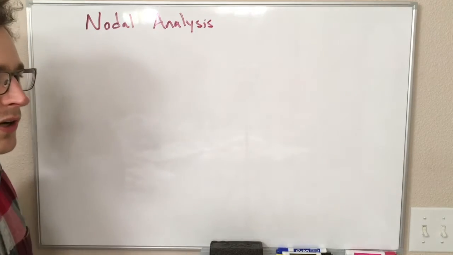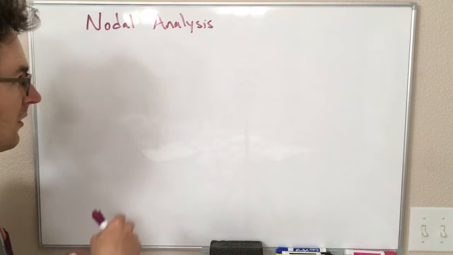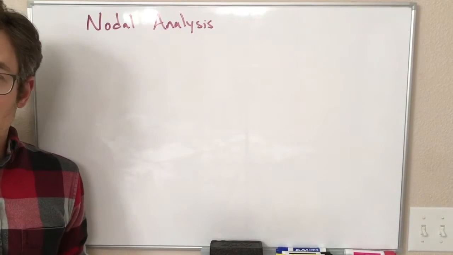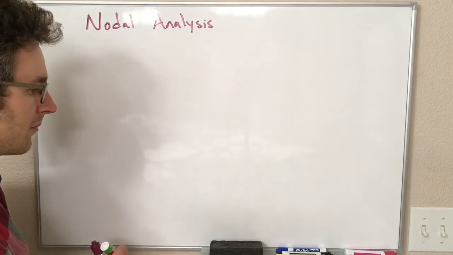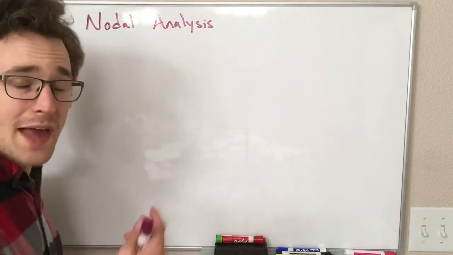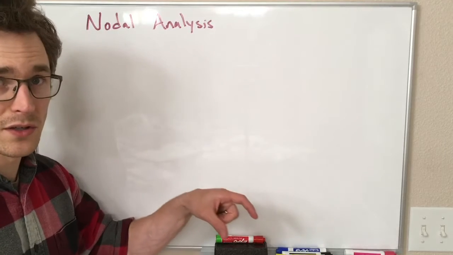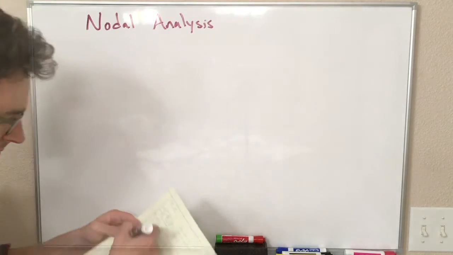Rather than splitting our circuit up into a mesh of little loops, you identify nodes in your circuit, that is particular points, and use the voltages at those points as the unknowns. So instead of a system of equations to solve to get the currents, you end up with a system of equations to solve to get the voltages.